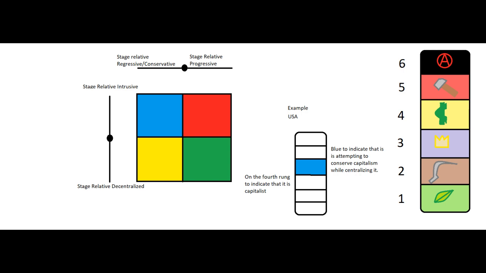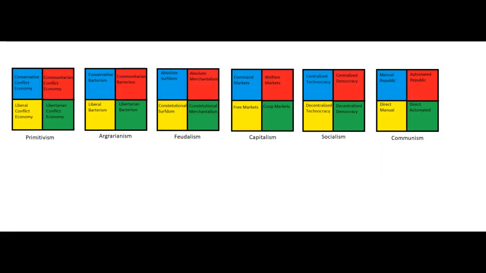let's take the USA for example. The USA is currently in stage 4, which is capitalism, but it is attempting to take a more regressive or conservative form of capitalism, basically a form of capitalism that is closer to the beginning of stage 4 than the end of stage 4. So it has more similarities with feudalism than with socialism, even though capitalism is right in between feudalism and socialism.